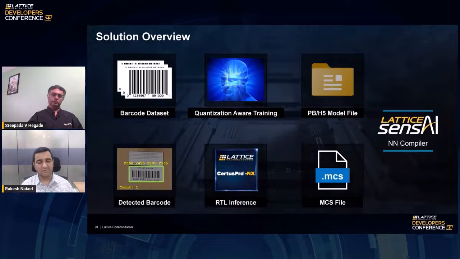This MCS file you will be flashing on a Lattice board. Here we'll be deploying it on a Certus Pro NX board. You will need an RTL inference pipeline to execute this MCS file. Most of our reference designs or models do come with the RTL inference pipeline, so that is mostly taken care of. You just need to pick an appropriate reference design, and you will get the corresponding RTL pipeline for that design.